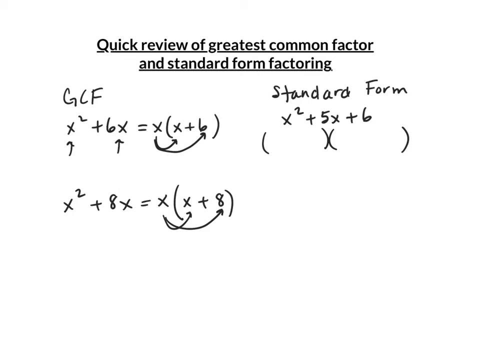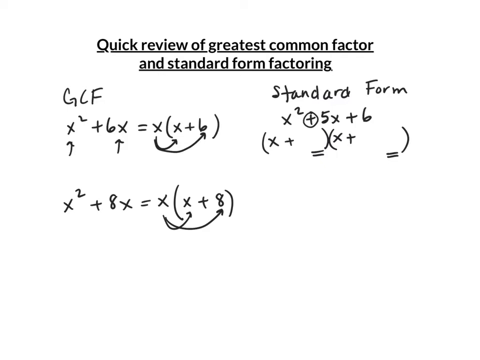Well, we know when we FOIL that x times x makes that x squared. We know when we FOIL that this number times this number makes positive 6. So the signs are either two positives or two negatives. In this case, since the middle's a plus, it's got to be the two positives.